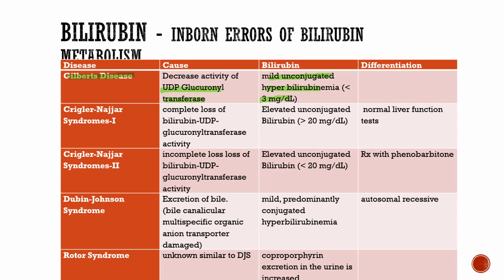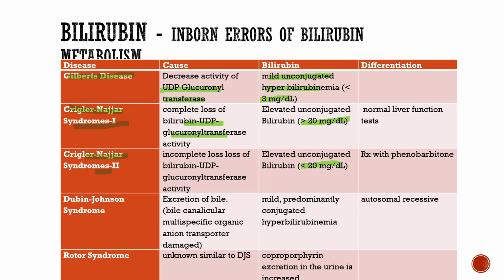It's of no major issue, but this will be seen in many normal adults. Crigler-Najjar syndrome types 1 and 2 are two other conditions. Again, there is complete loss of UDP glucuronyl transferase activity. Bilirubin can be less than 20 milligram or more than 20 milligram.